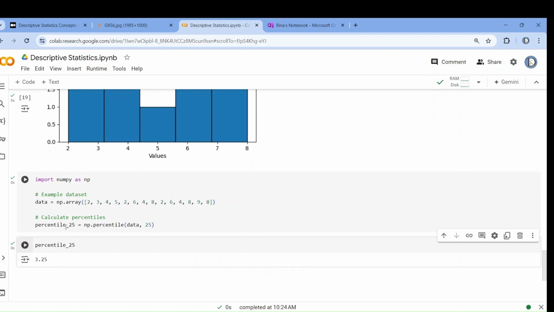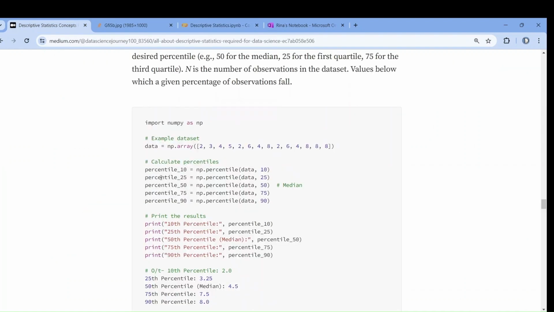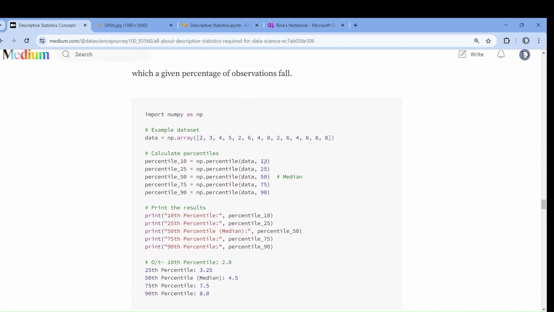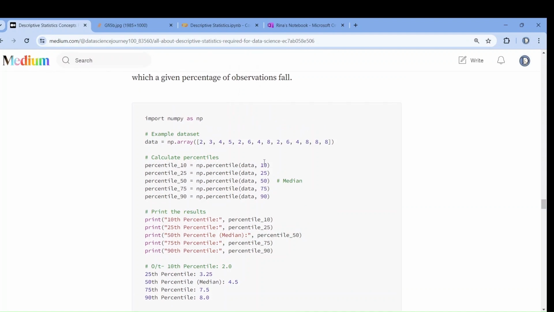Clear? So this is what is known as percentile. You can calculate any percentile, like 5 percentile, 10 percentile, 25 percentile, 50 percentile, whatever you want, 99 percentile, and you can understand how many values are lying below this data point.